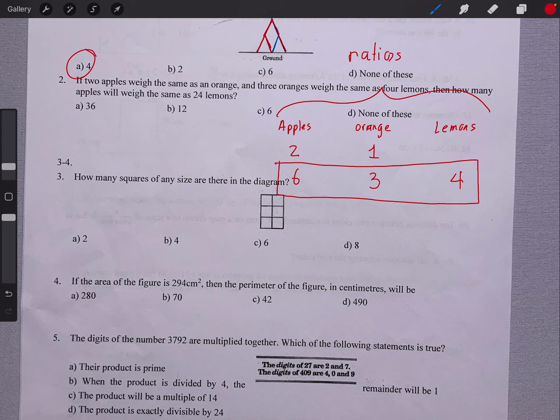All right, so it says how many apples will weigh the same as 24 lemons? Let's look at 24 lemons. How do I go from this to this? I have to times it by 6. 4 times 6 is 24. And it says how many apples. So what do you think I'm going to do to this one? I must times it by 6 as well, isn't it? If I triple the lemons, I must triple the apples.